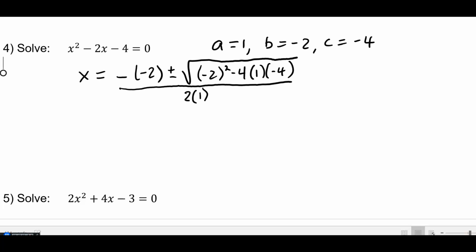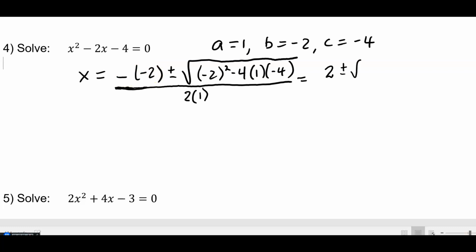Now did you extend that line so everything to the right of that equal sign has a line under it? Now let's start simplifying, because the negative of a negative 2 is a positive 2. So we'll just simply write 2 plus or minus the square root of negative 2 squared is positive 4.